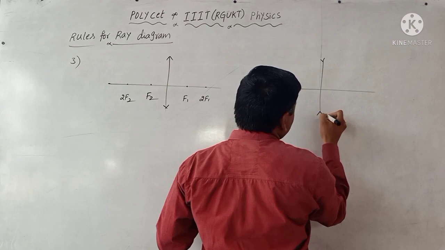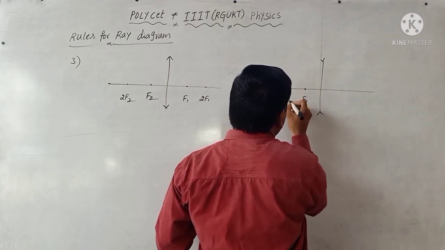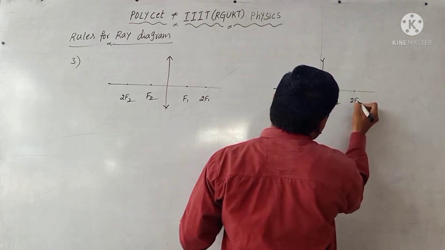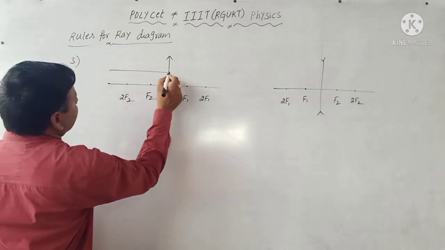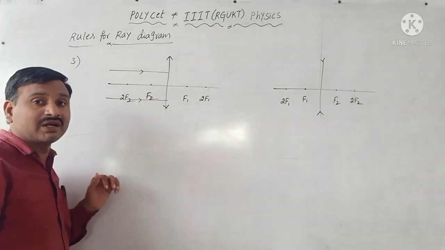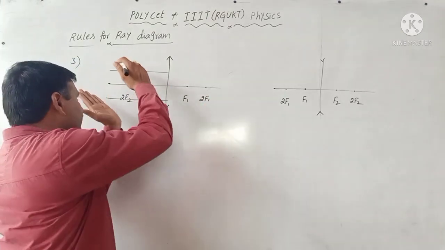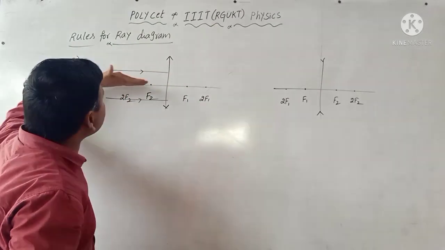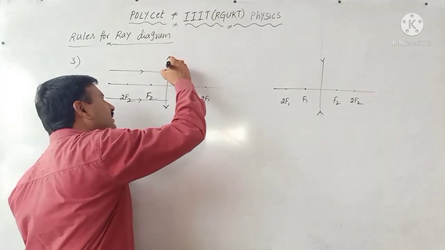Here it is concave, here F1, F2, and 2F2. How many light rays are taken here? Just two light rays; you can take any number of light rays. The light rays are passing parallel to the principal axis.